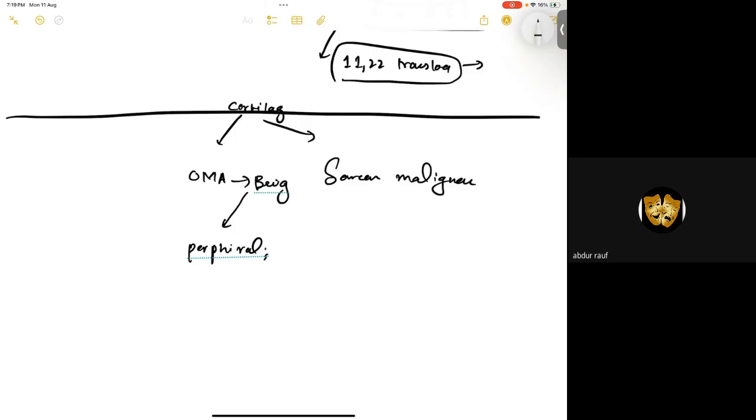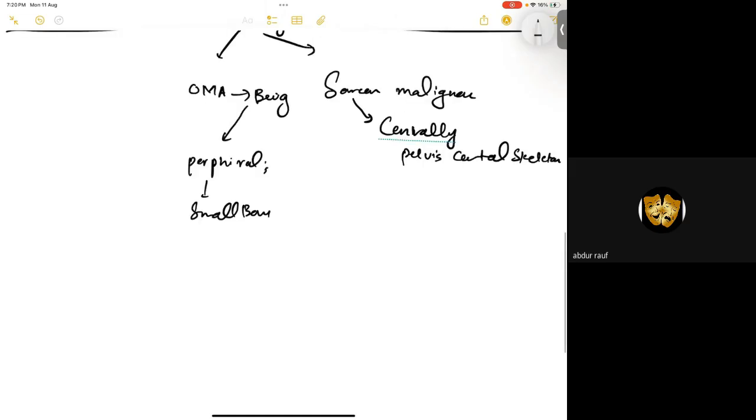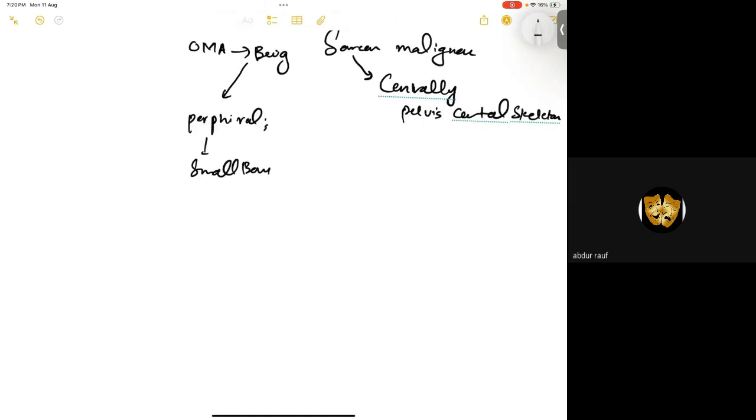But if it's a sarcoma, it's going to be present centrally, right? For example, within the medulla again of your pelvis and central skeleton. Is it clear?